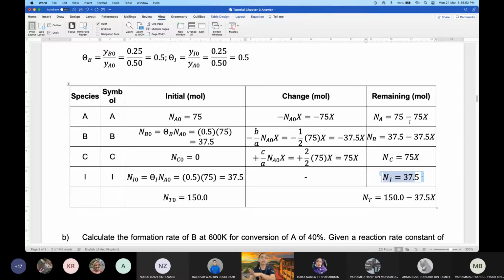So the x's are calculated together, the numbers are calculated together. So dalam kes ni, 75 plus 37.5 plus another 37.5, you get 150. Then kamu kira part x, minus 75x plus another negative 37.5x plus with 75x. Essentially, you get negative 37.5x. So you're done for your total initial, total remaining, and you are done for the entire table.